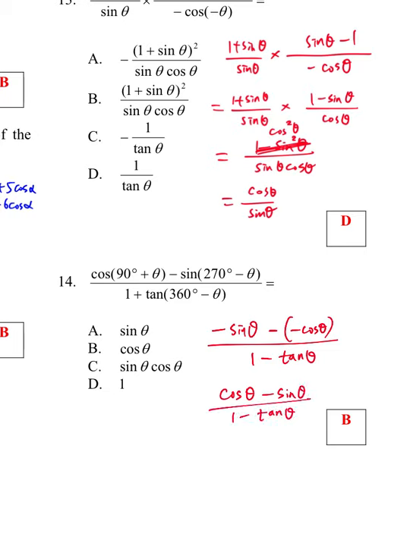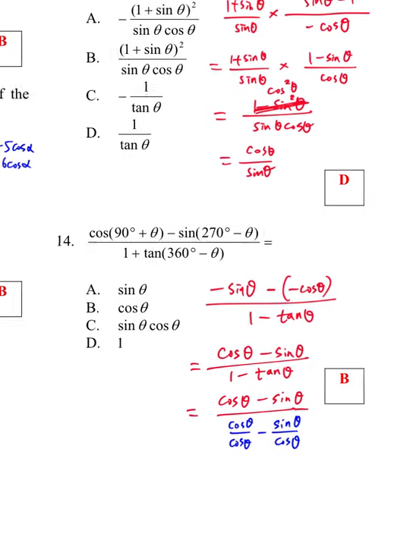Okay, so this is quite interesting, because if you want to further simplify, in fact you have to change tangent theta into sine theta over cosine theta, in the sense that you will write the 1 in the denominator as cosine theta over cosine theta.